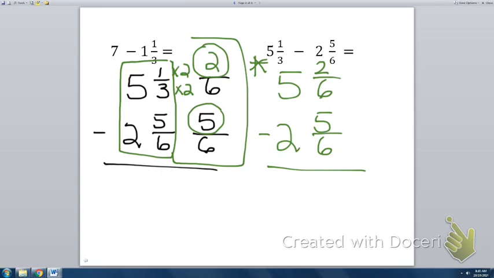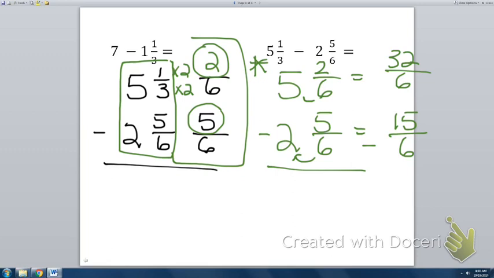So let's do that. 5 times 6 on the top one. 5 times 6 is 30 plus 2. So that would make this 32 over 6. And the bottom, 2 times 6 is 12 plus 5 is 17 over 6, and that's subtraction.